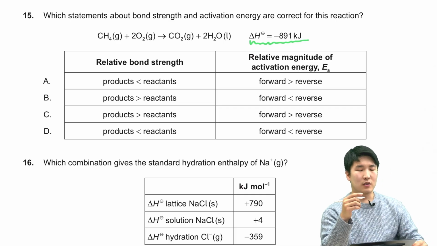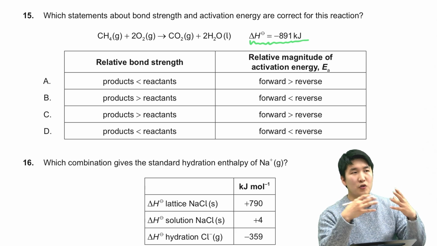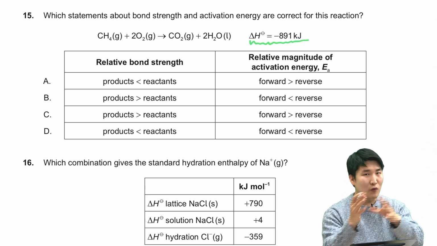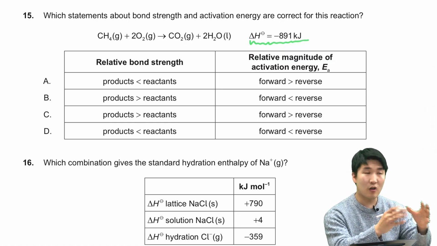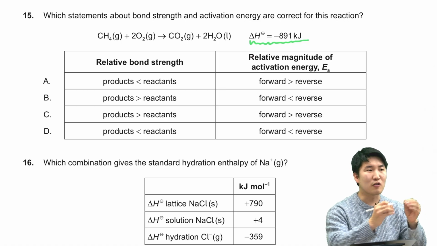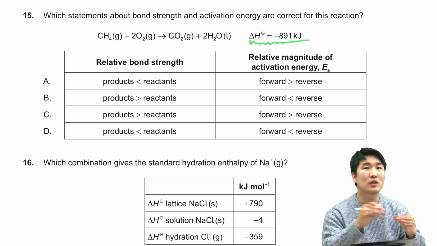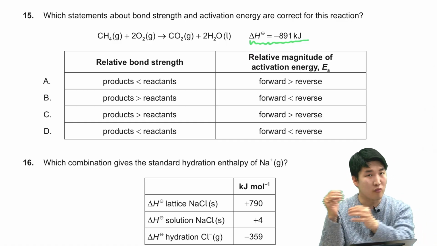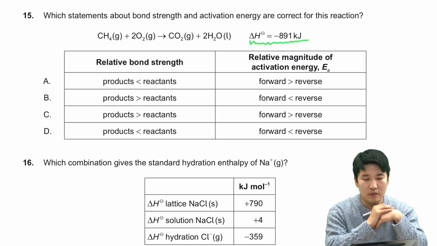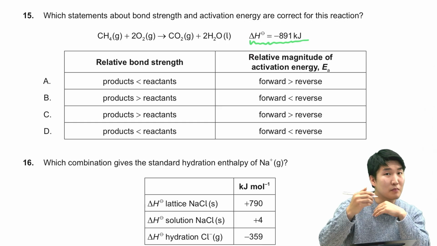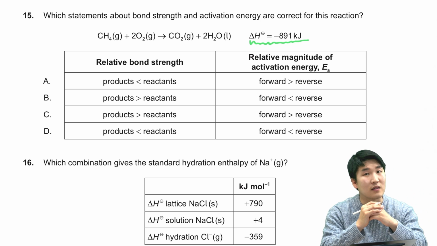And if we think about the significance of the negative value, the bonds newly formed will release energy. And this amount of energy released from new bonds formed will be greater than the energy inputted required for the initial bonds breakage, the existing bonds of the reactants breaking. Which means that the bond enthalpies of the products will be greater than the bond enthalpies of reactants.